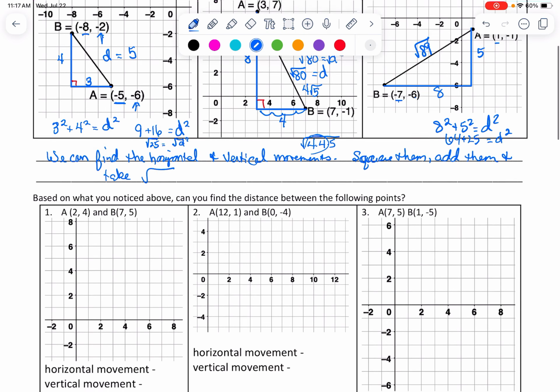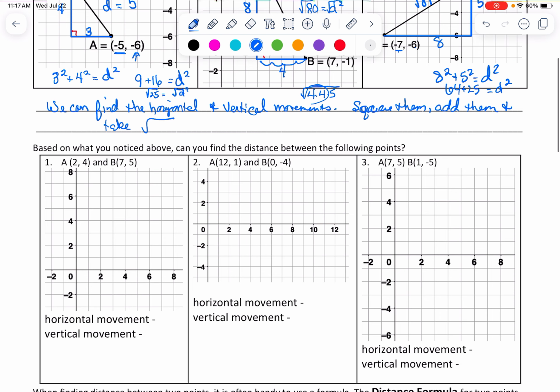All right, so based on what we noticed, we can do the same thing. This time, though, we don't necessarily have to graph. We could graph A at 2 to the right, 4 up. X movement, Y movement, X is the horizontal, Y is the vertical. And label it with an A, and we could plot 7, 5, halfway between 6 and 8 is 7, 7 over 5 up, halfway between 4 and 6 is 5.